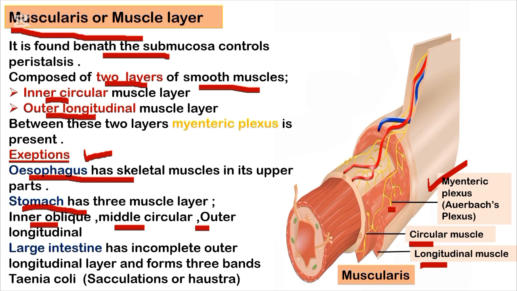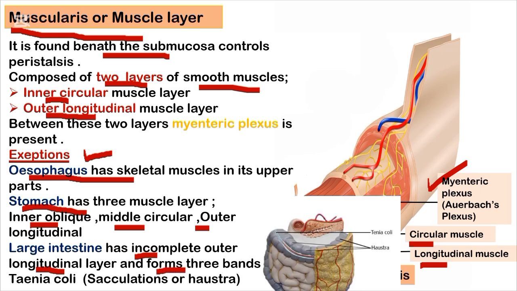The large intestine does not contain a continuous longitudinal layer, and it has an incomplete longitudinal muscle layer and forms three bands of tissue that are called taenia coli that lead to formation of sacculations and haustra, as you can see in this picture.